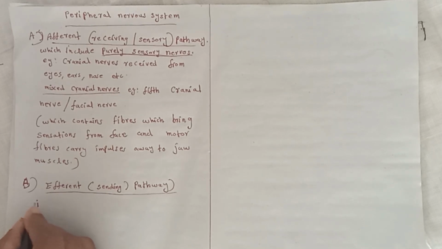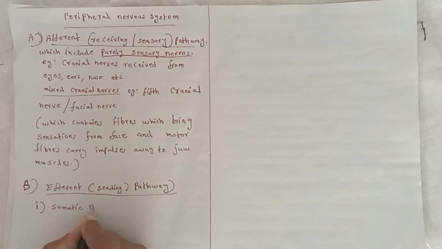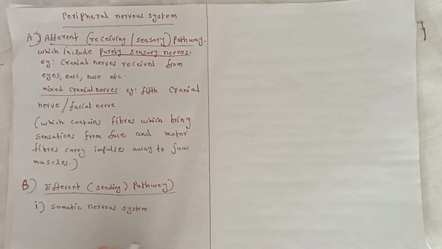First, the somatic nervous system. The efferent pathway includes the somatic nervous system and the autonomic nervous system. Now we discuss the somatic nervous system.